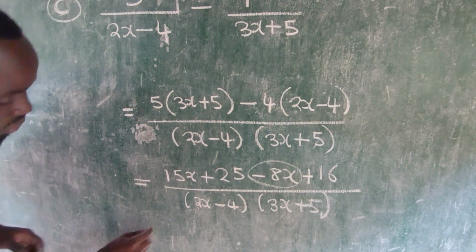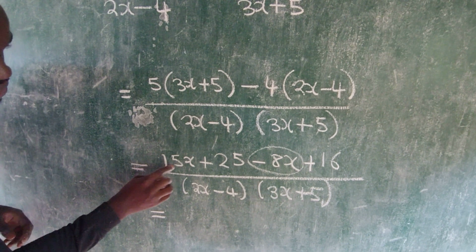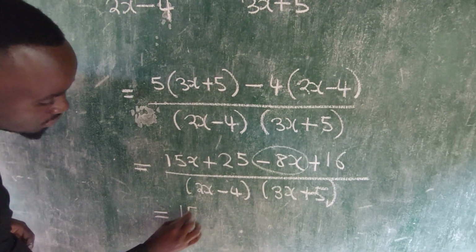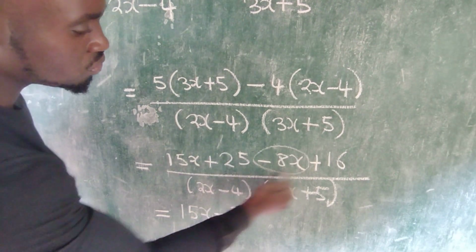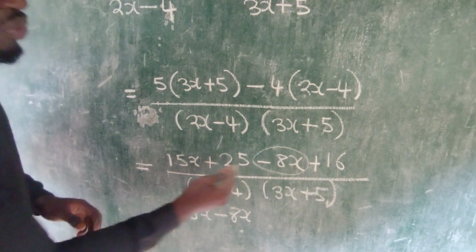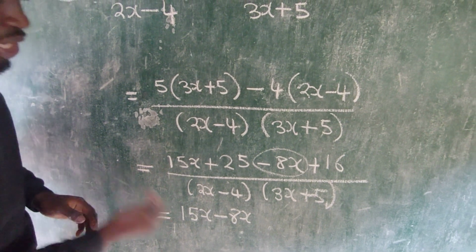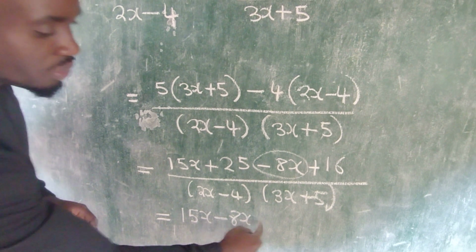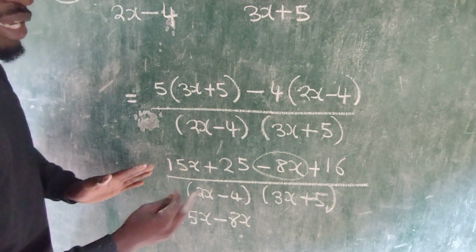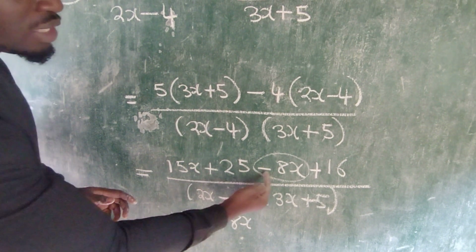So we are going to correct the right terms together, where we say 15x minus 8x. So this will move with the sign, okay, because it's just moving within the expression. Okay, so negative 8x. If there was another term with the x, I would have included it here. Now we don't have any other term apart from 15x and negative 8x.